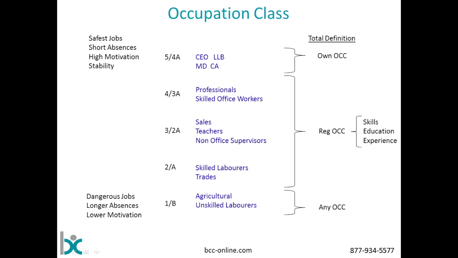Now, what if you are able to do one of those jobs, but you find that your income is significantly reduced from your pre-disability levels? Well, now what's going to happen is, within this regular occupation definition of disability, we're going to top up your income to your pre-disability level. How that actually gets interpreted varies from insurance company to insurance company.